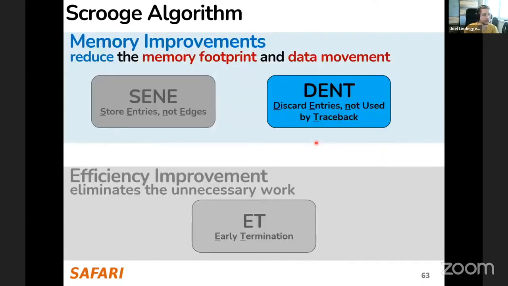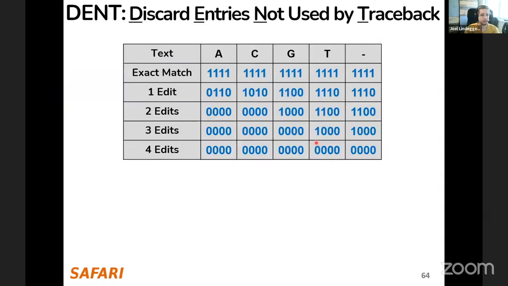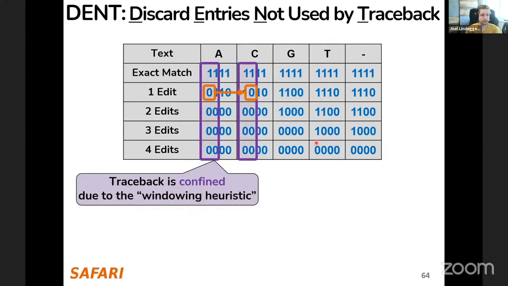Then we have the DENT improvement, discard entries not used by traceback. This comes from the observation that traceback is essentially confined to a small area in the dynamic programming table. This is due to the windowing heuristic. I didn't introduce this in detail; I would refer to the paper for that. But essentially, due to this windowing heuristic, traceback can only go 2 bits to the right in a 4-bit table.